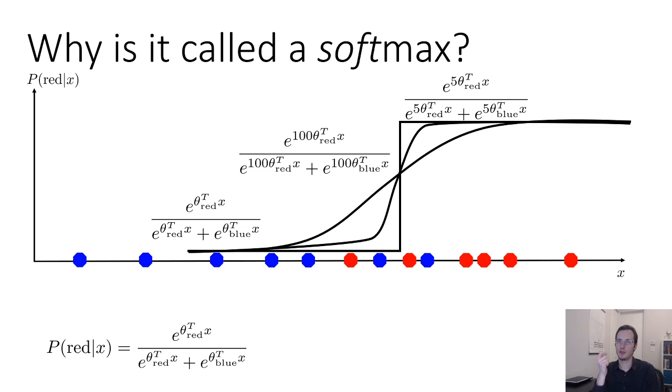Interestingly, this is very much like a max. You're just assigning a high probability to the label with the largest dot product, with the largest theta transpose x. So that's why it's called a softmax. It behaves like a max if the numbers going into it are very large, but as those numbers get smaller, it becomes softer. It has a gentler slope in the space of probabilities. But for very large values of theta, it looks very much like a max over the labels of theta y transpose x.